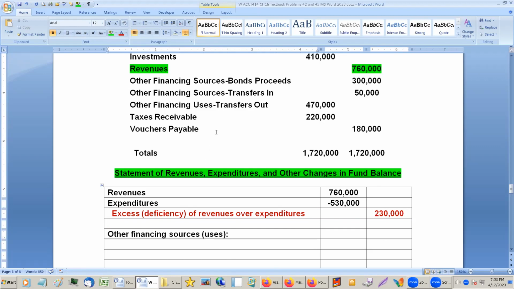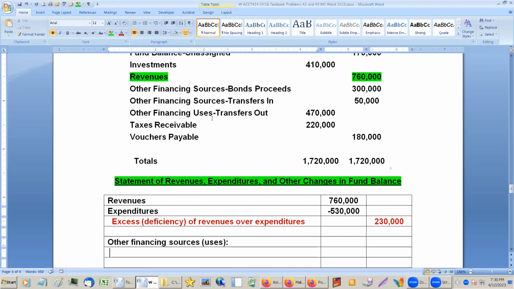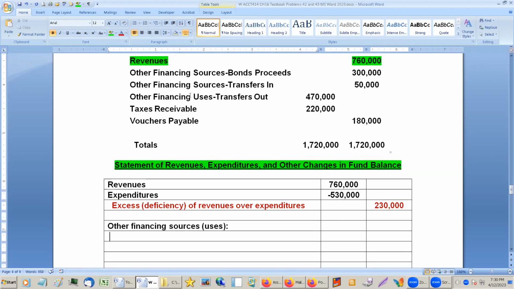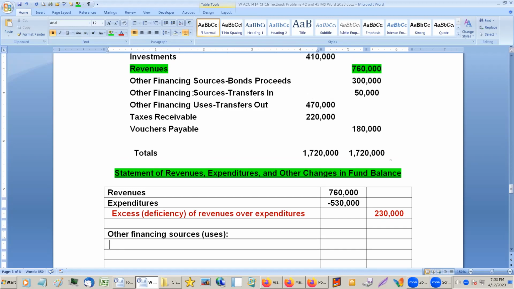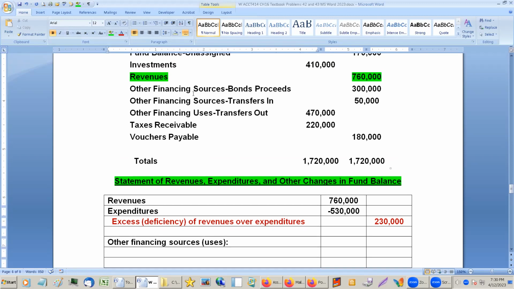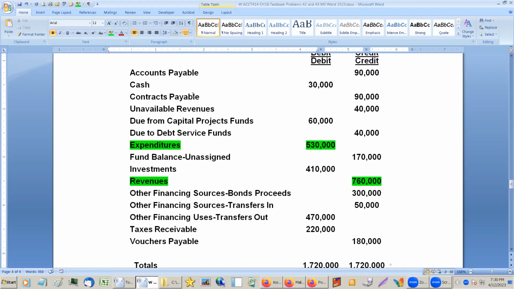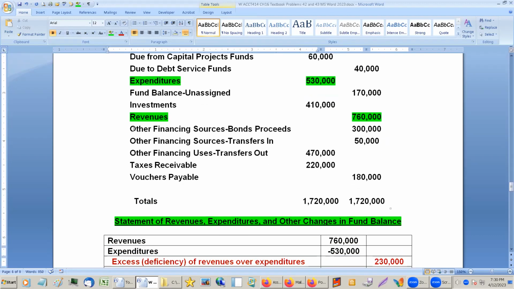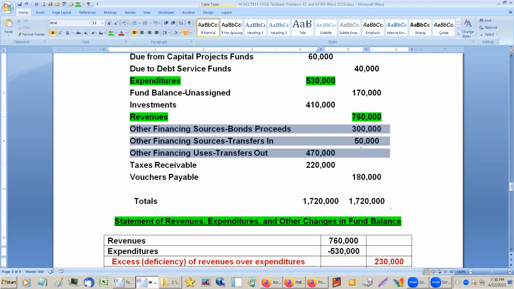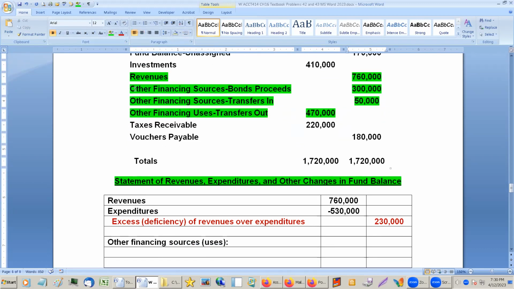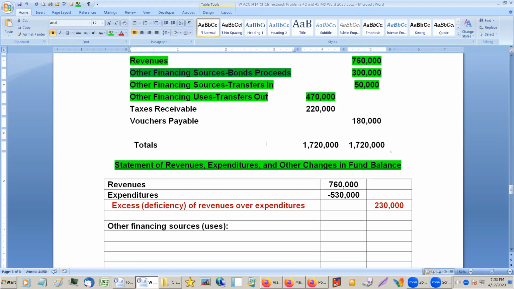Now, other financing sources and uses. Okay, so that would be down here. Other financing sources, bond proceeds, copy that.